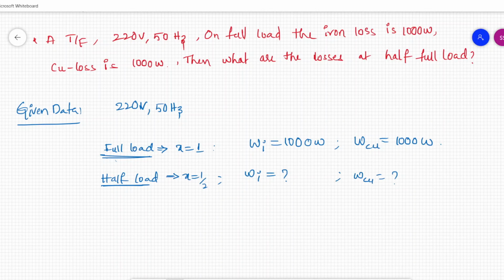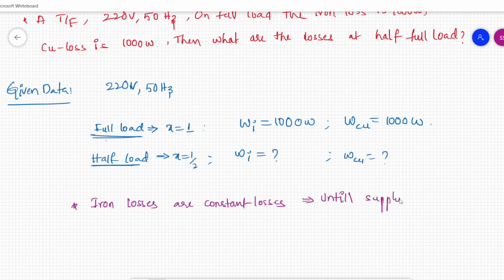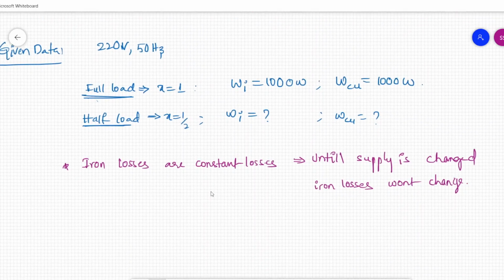Here we know that iron losses are constant losses, or fixed losses. That means once the supply is given, until the supply is changed, iron losses won't change. That means iron losses are constant even if you reduce the load.